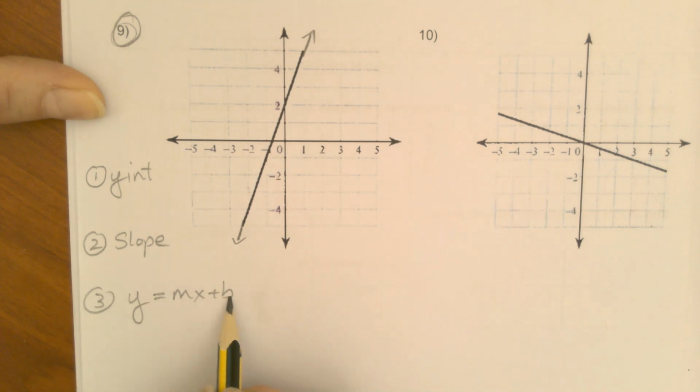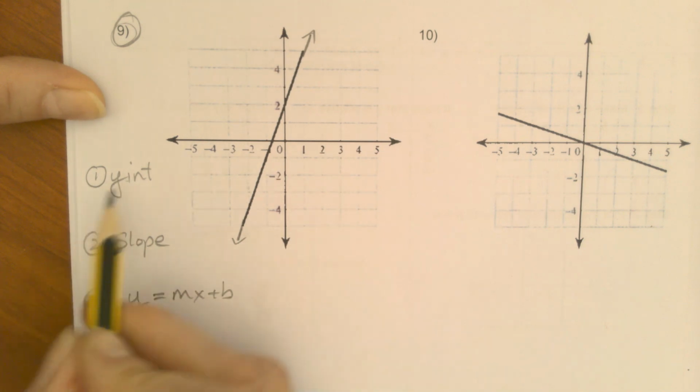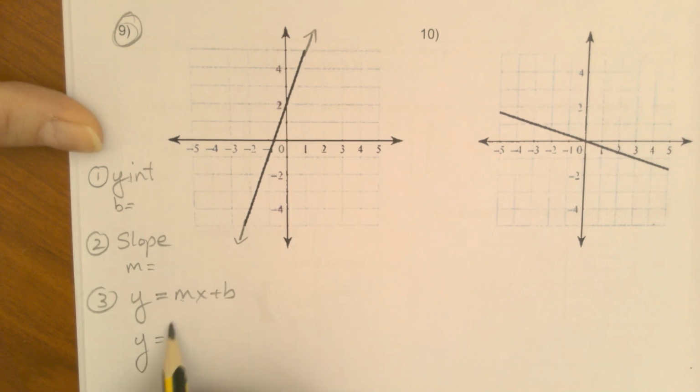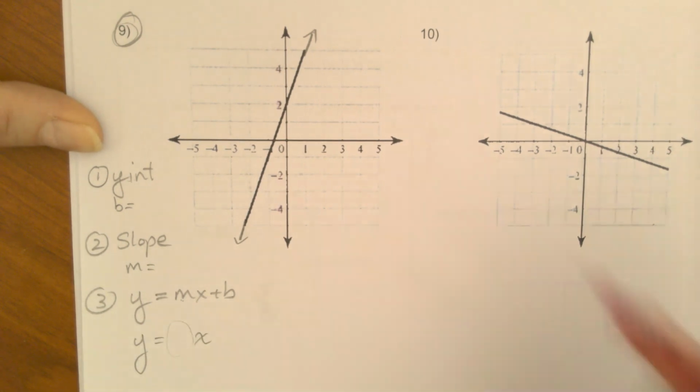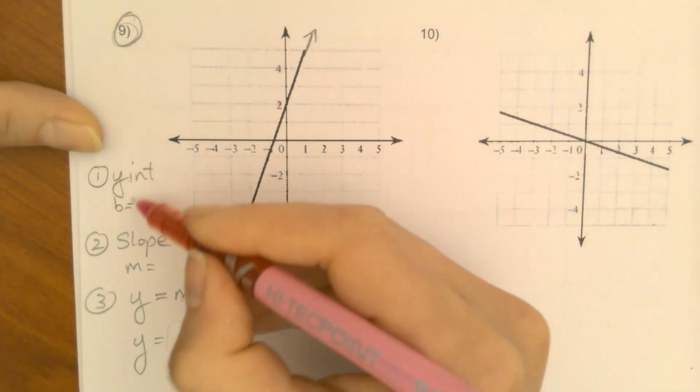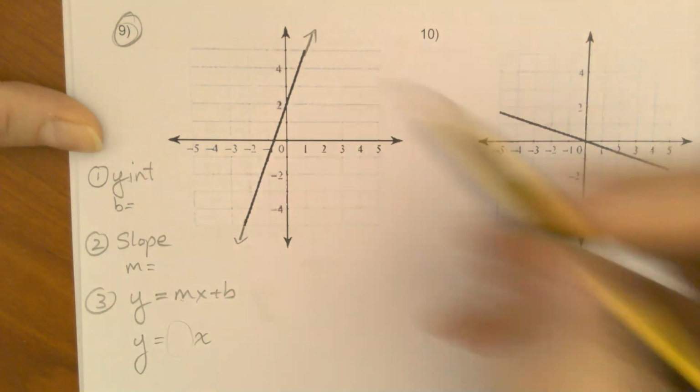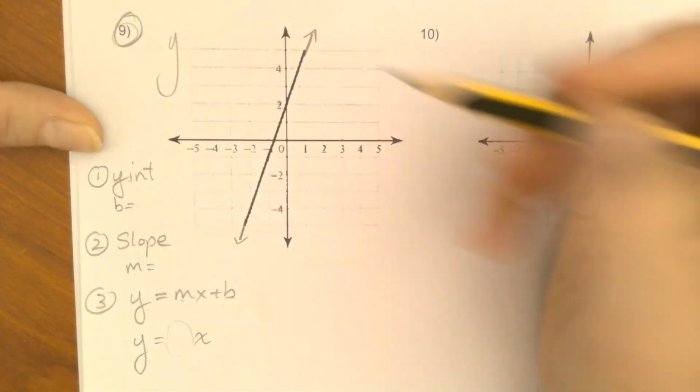B, is that y-intercept or slope? Yeah, it's y-intercept. And m is slope. So we have to go y equals something x plus the intercept. So let's look. Y-intercept. Which axis is the y-axis? Y looks like that. It's up and down.